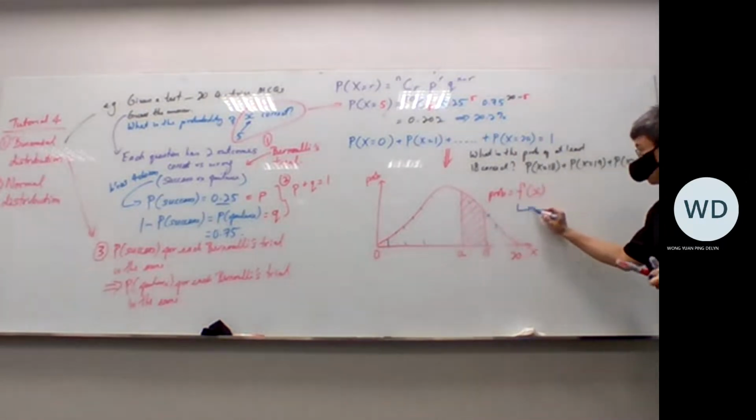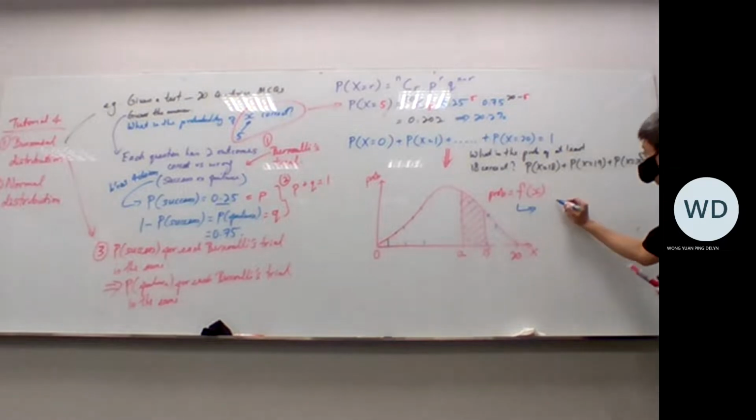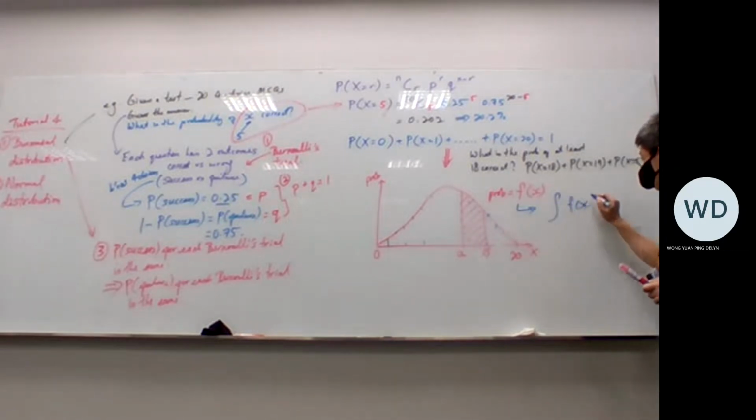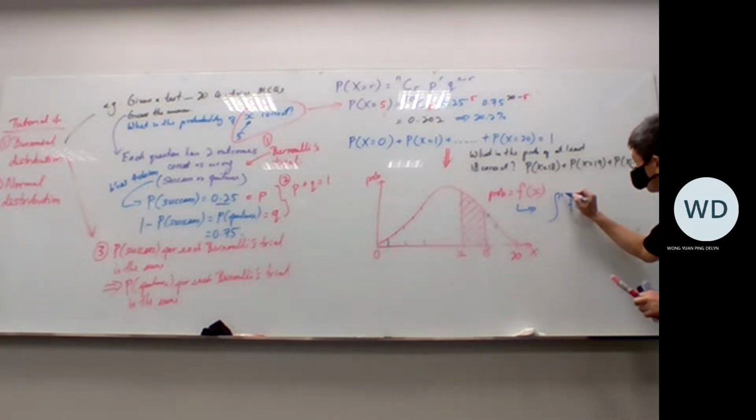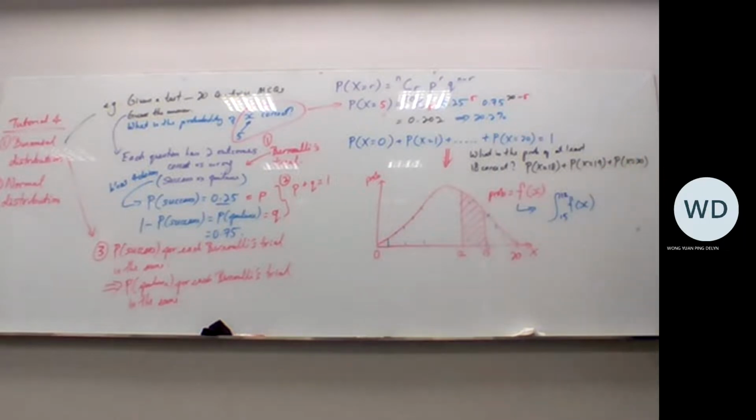From here, what you learn in calculus is you have to first integrate and you calculate from 12 to 15. Or the other way around, I can't remember. Doesn't matter. Okay. So you have to integrate it first. Okay.